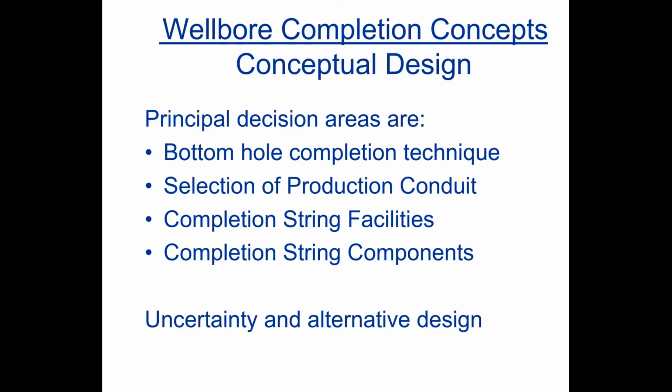We can have a pressure valve. We can have punching the tubing. There are various options. So which one do we choose? And then uncertainty and alternative design.